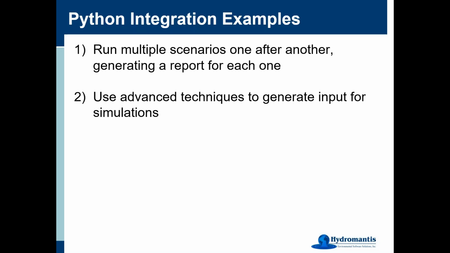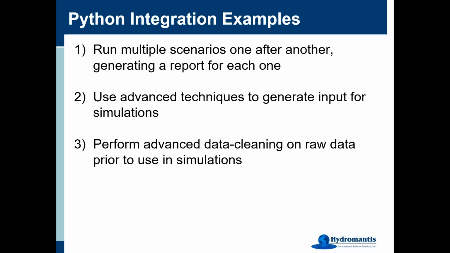You can use whatever advanced techniques in Python are there for generating input for your simulations. For example, we did some experimentation just recently with Monte Carlo simulations, using a package to do Latin hypercube sampling for us and generate all of those input parameter values for each one of the runs of our analysis.